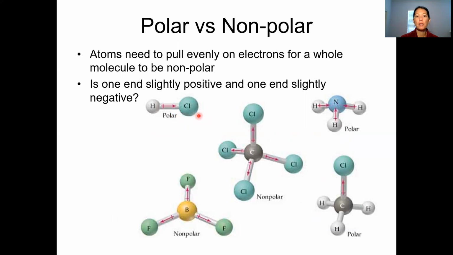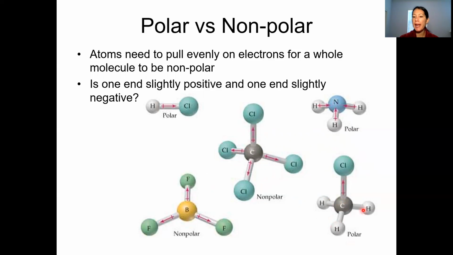If you just have a bond, yes, if there's one significantly more electronegative, that molecule will be polar. If you're looking at a whole molecule like methane, and in this case, this is carbon tetrachloride, these are perfectly symmetric and all the atoms are identical. So you have the identical dipole. Those will cancel. But look at this example.